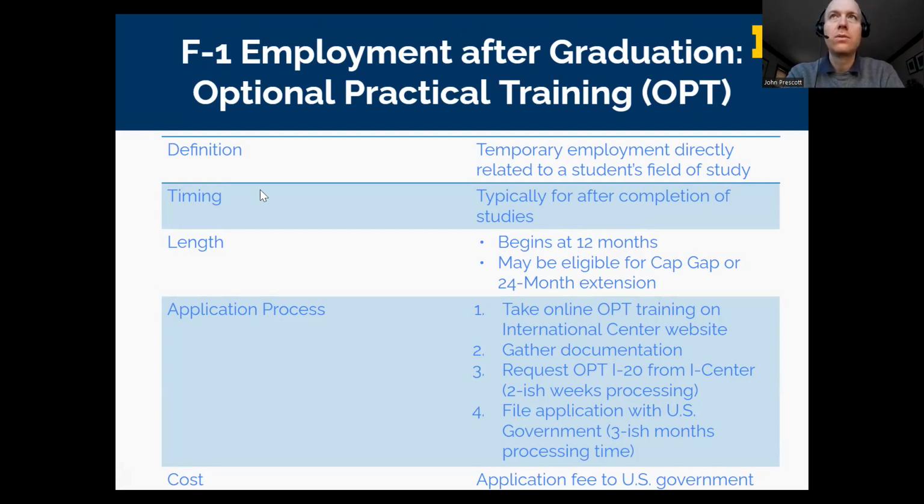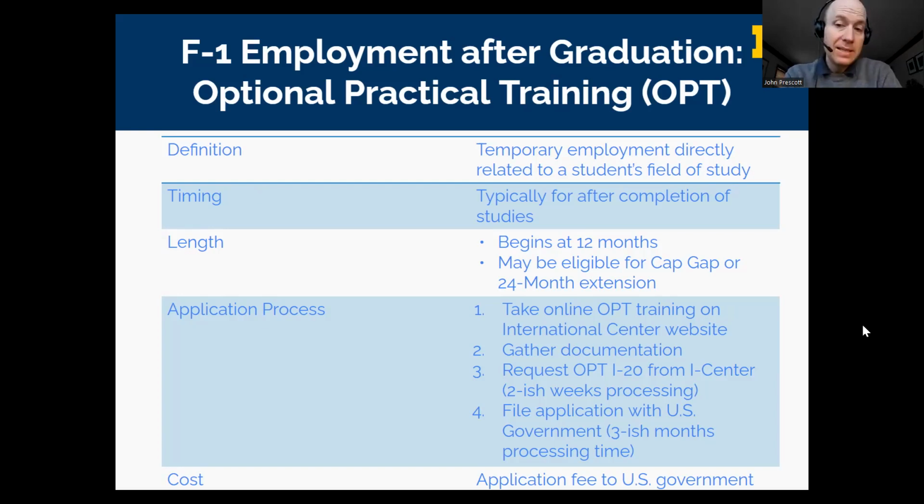If a student did do what's referred to as pre-completion OPT, which is quite unusual, we have very few in any given year, but yes, it's possible, if someone has done pre-completion OPT, then that would reduce the amount of post-completion OPT available. So for example, if someone did 4 months of full-time pre-completion OPT, they would have 8 months remaining of post-completion OPT.